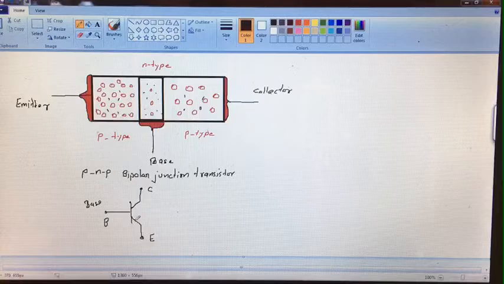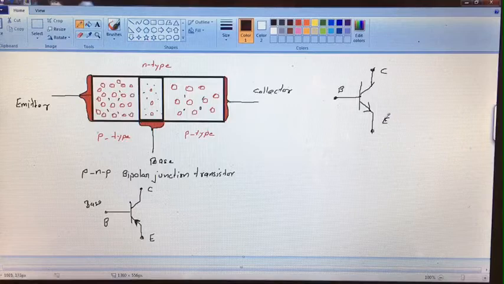Now, if arrow is towards the base from emitter, then it is known as PNP, and when arrow is away from the base, it is known as NPN, base, collector and emitter.